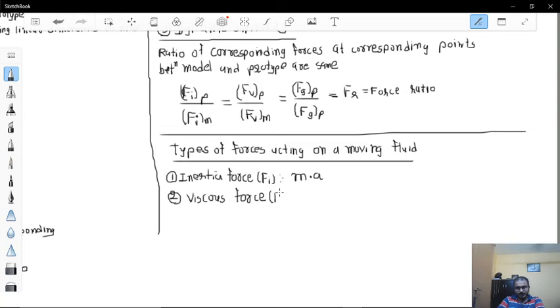That is Fv, that will be equal to the shear stress multiplied by surface area As. Third will be gravitational force, or gravity force simply, which will be equal to Fg, and it is written as mg. Fourth one is pressure force.